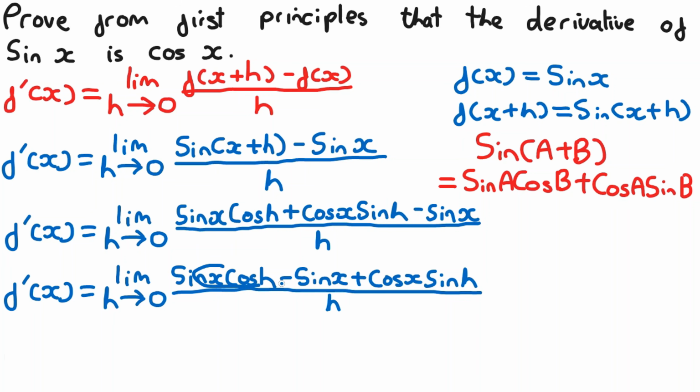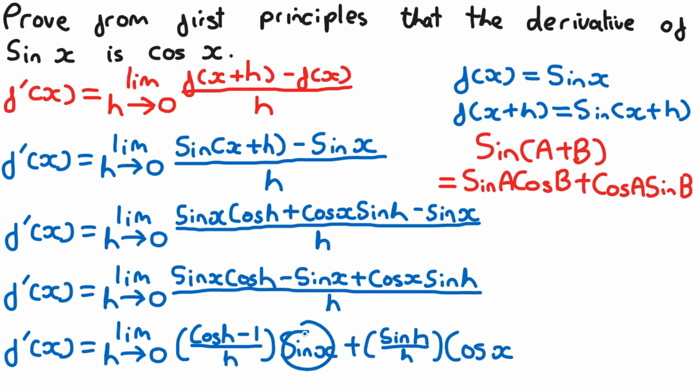So now I've grouped the sin x terms together like this here, and I've got the cos x term like this. And what I'm going to do here is I'm going to factorize out for these two here. I'm going to factorize out this sin x here, and we're just going to be left with cos h here, and then if you factorize out sin x from minus sin x, it's just going to be minus 1, and all of this is still over h like this here.